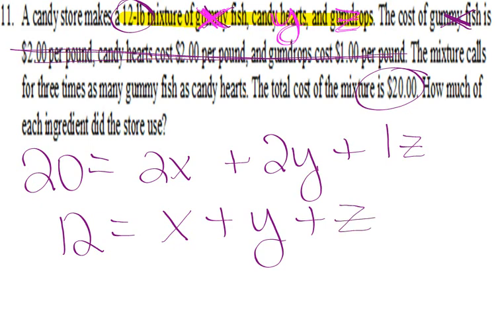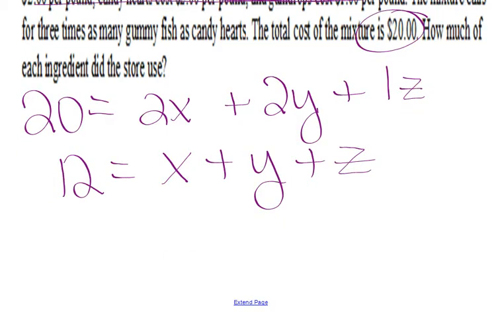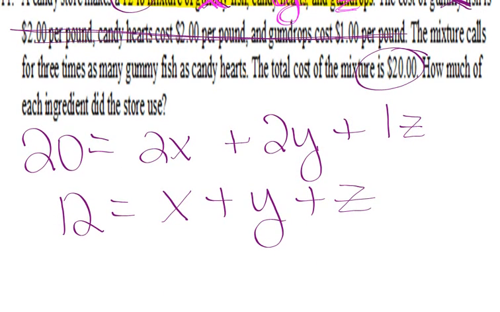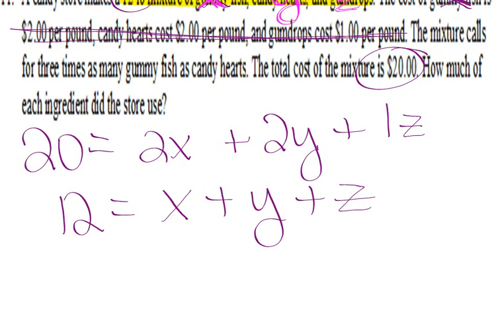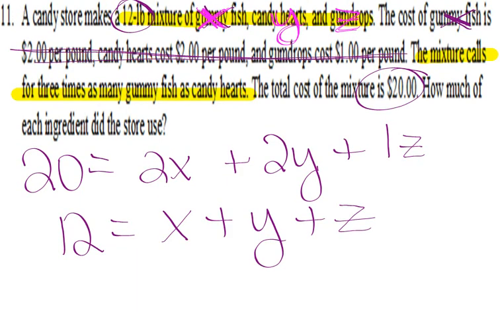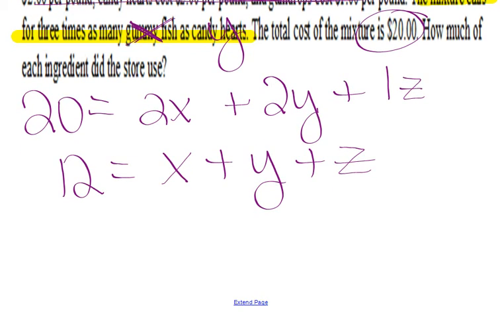So now we have 2 of those in our system, but we know this is going to be a 3-system equation because they gave us one more thing to work with. What did they tell us? They said the mixture calls for 3 times as many gummy fish as candy hearts. So the gummy fish were X and the candy hearts are Y. So we have 3 times the amount of gummy fish as candy hearts.